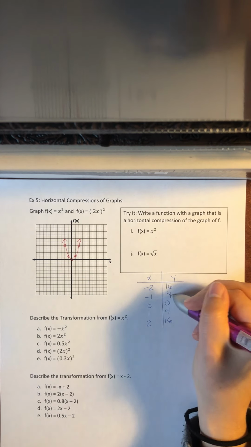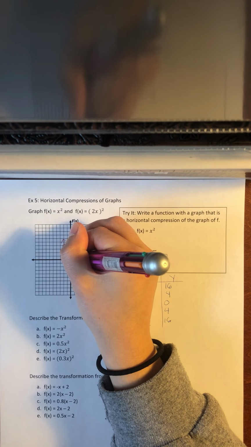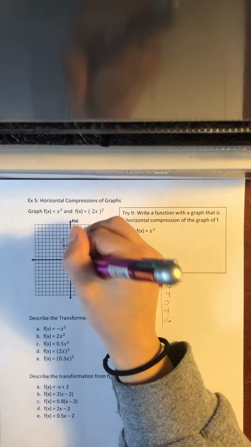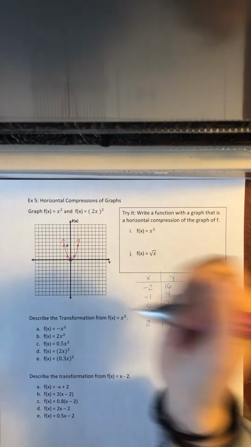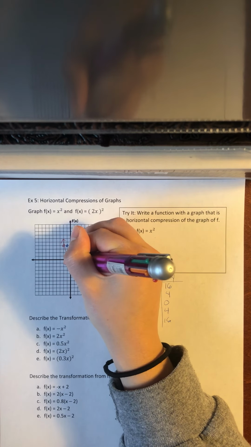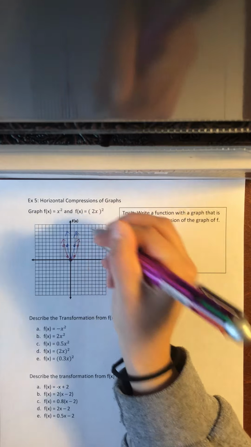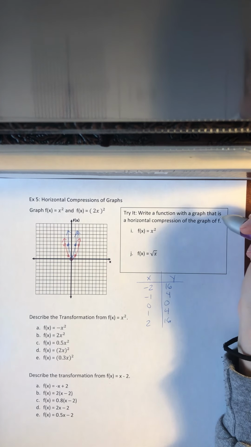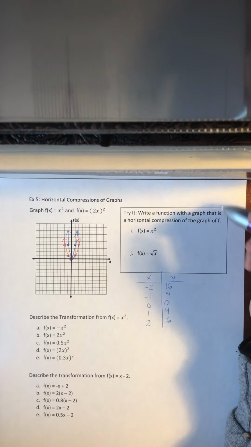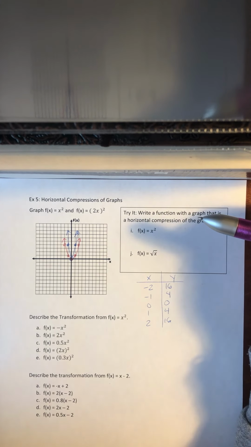Okay, so we're going to go -1, 4. So -1, 1, 2, 3, 4. And then we have 0, 0 right on top of that value, and then 1, 4. And as you can see, that's making your graph skinnier. Okay, so write a function that is a horizontal compression of the graph. With horizontal compressions, it's different than vertical.